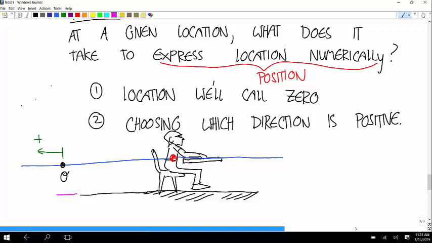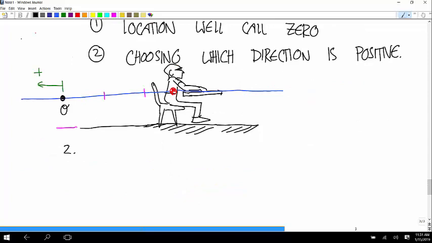So let's see, what's the distance? Let's say that's 1 meter, 2 meters. So let's say it's 2.5 meters in the negative direction from 0.